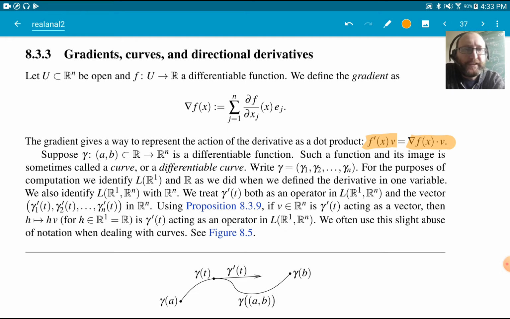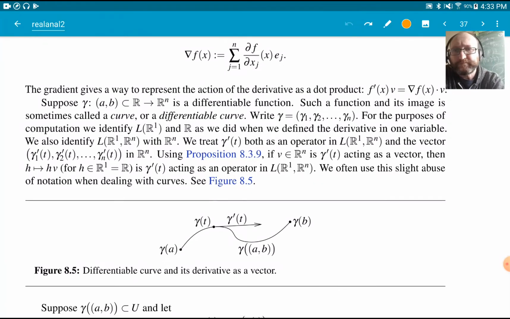It's just that instead of a linear mapping, it's a vector. But it's a common notation to use, a common quantity, and it has some geometric interpretations that you've surely seen in vector calculus or calculus 3.